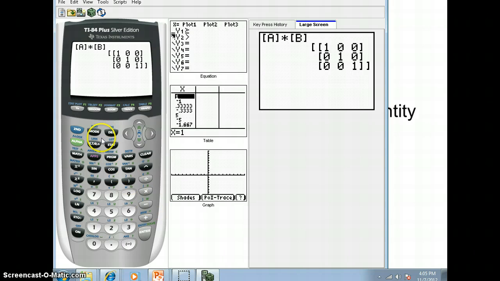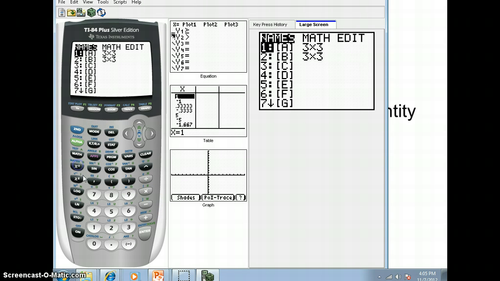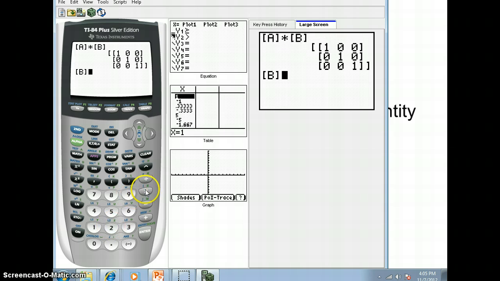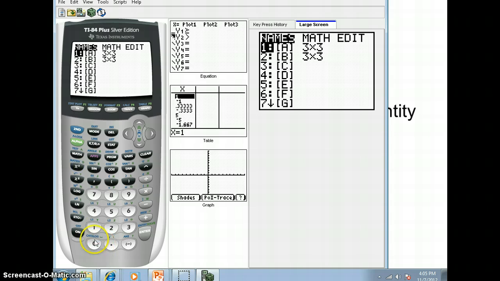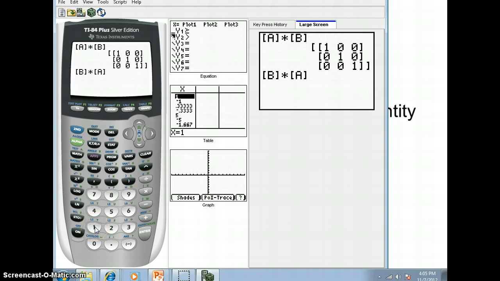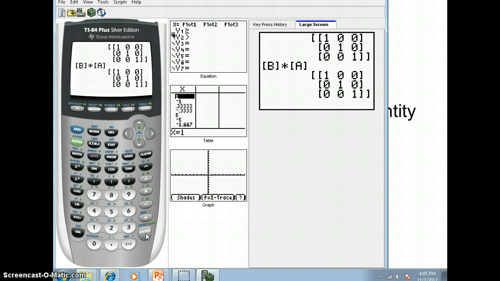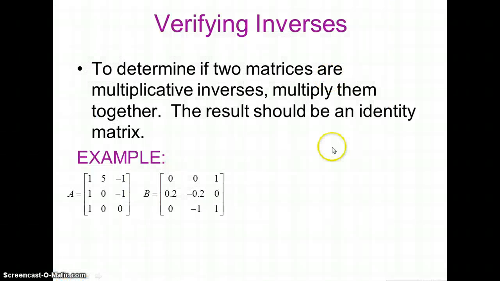So far so good. Let's just double check. So we'll do matrix B this time times matrix A. Okay, because we all know from past experience that just because you can multiply them one direction doesn't mean you can the other. And when I do B times A, I also get the identity matrix. So I have verified that these are inverses of one another.